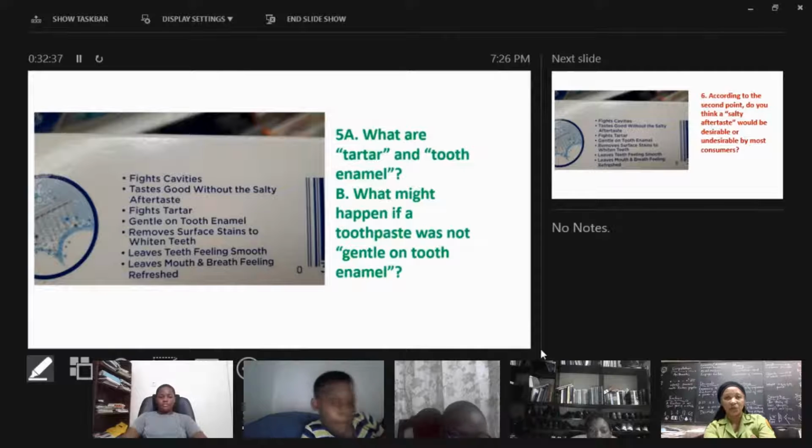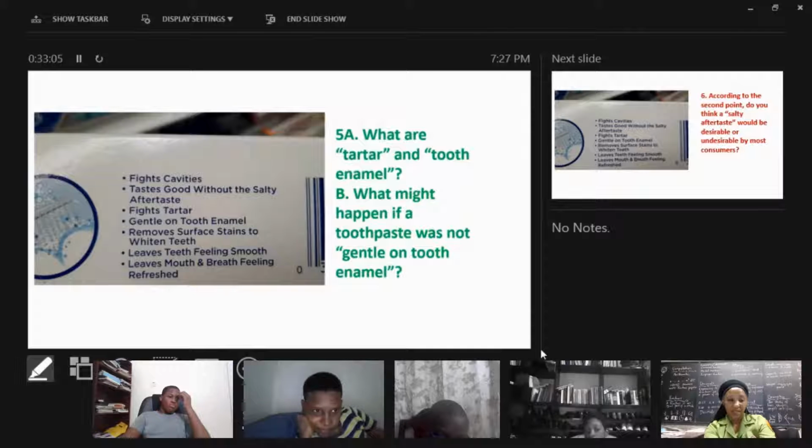Because that would mean that the chemicals in the toothpaste would cause the enamel to erode, to deteriorate, and leave spaces, tiny pores. The enamel would become porous and gradually disintegrate. And yes, that would eventually expose the nerves in the pulp cavity of the tooth and cause great pain.